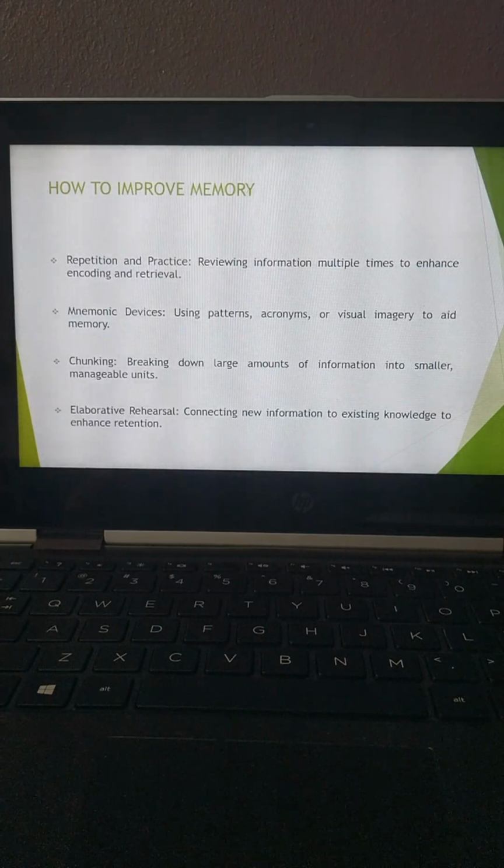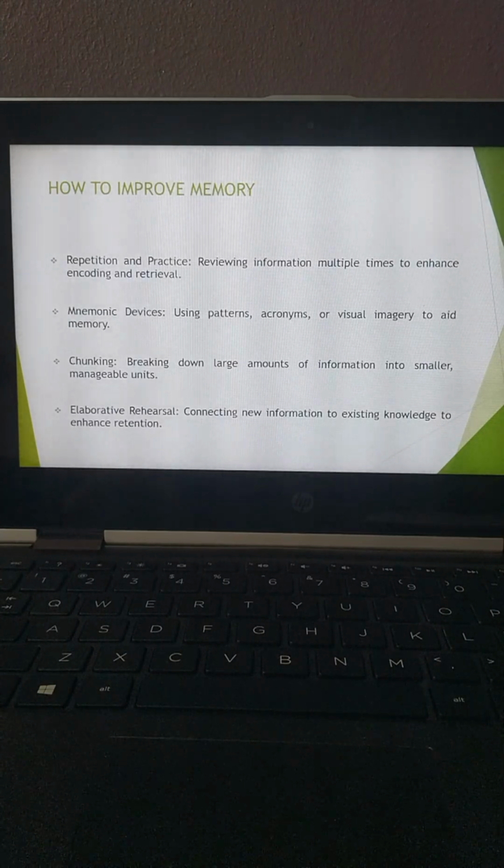When you repeat a particular information or practice a particular skill, it helps you to recall or remember whatever you've learned, and it will be easier for you to retrieve when you need it.